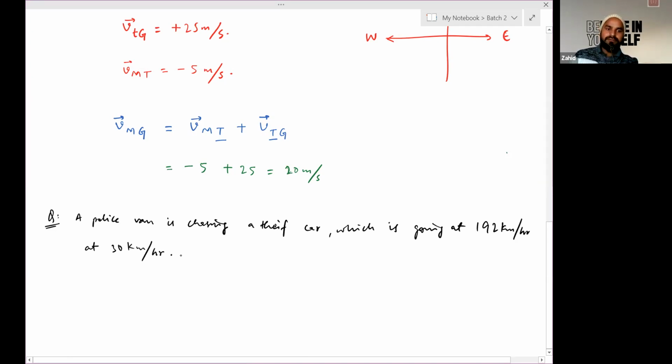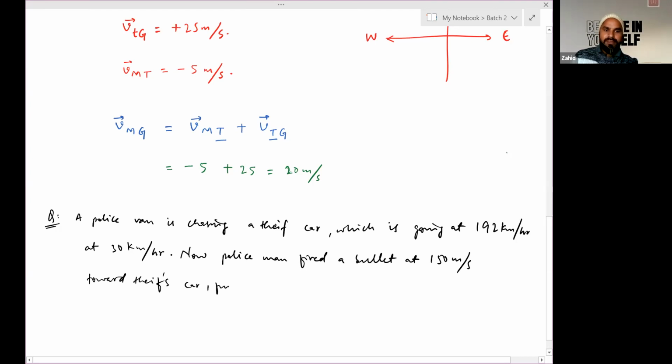Now the policeman fired a bullet at 150 meters per second towards the thief car. Find the velocity of the bullet with which it will hit the thief's car.